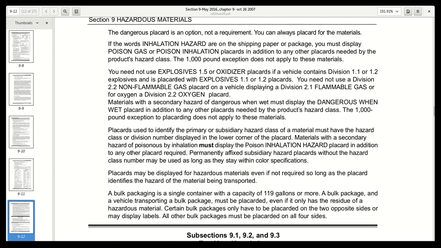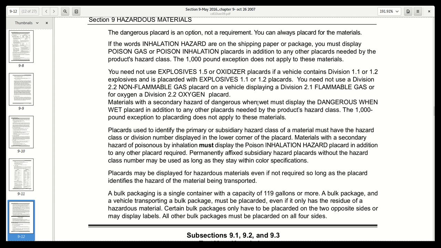You need not use explosives 1.5 or oxidizer placards if a vehicle contains Division 1.1 or 1.2 explosives and is placarded with explosives 1.1 or 1.2 placards.